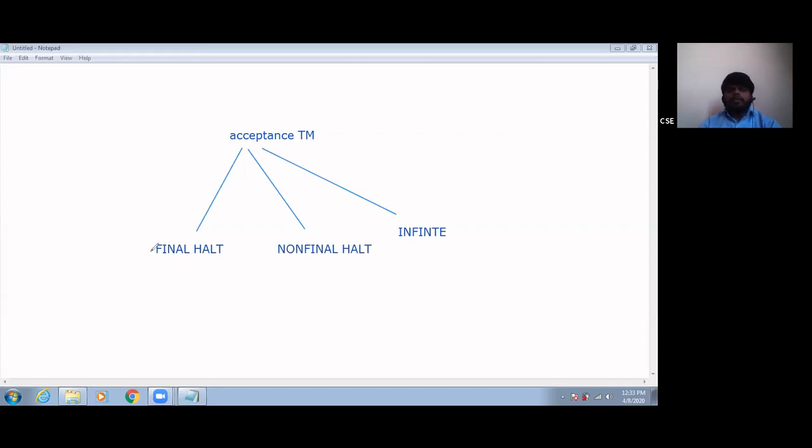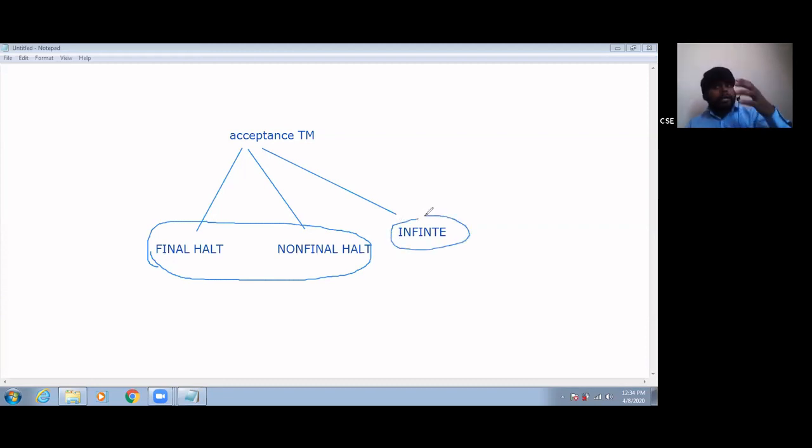So with these two, either your language has to go to the final halt, or it has to go to the non-final halt. But if after reading your input string it goes into an infinite loop, I will show how it goes into an infinite loop, don't worry. Then these problems are undecidable problems.